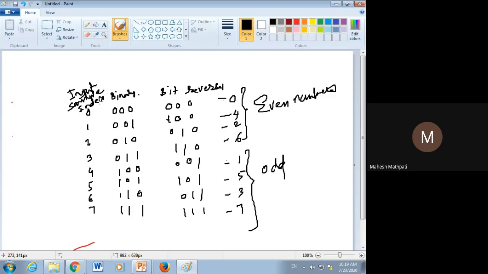X of 0, X of 4, X of 2, X of 6, in between you just write comma, X of 1, X of 5, X of 3, and X of 7. Full stop.